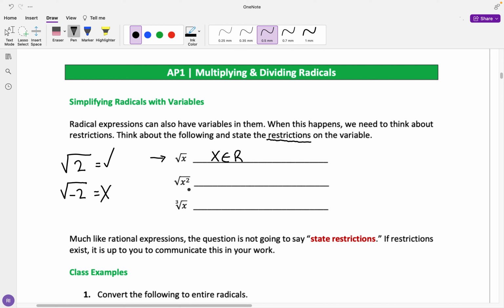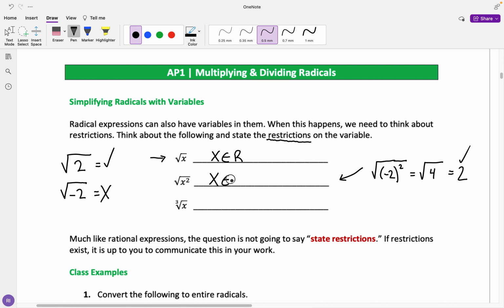Something interesting happens if the radicand is already squared. Just imagine you were substituting negative 2 and then squaring it. You'd get the square root of positive 4, and then it would work. So in this case, x is an element of the real numbers.